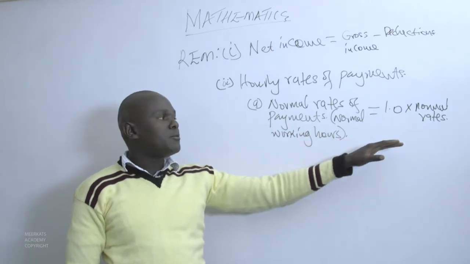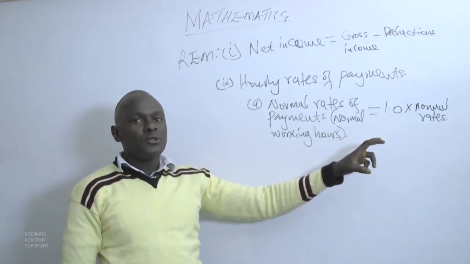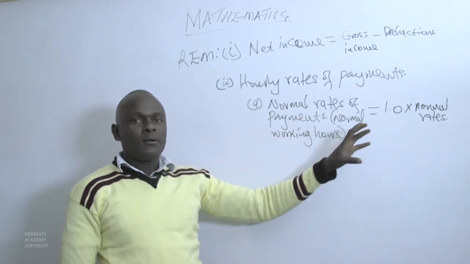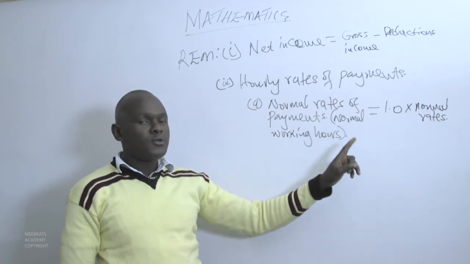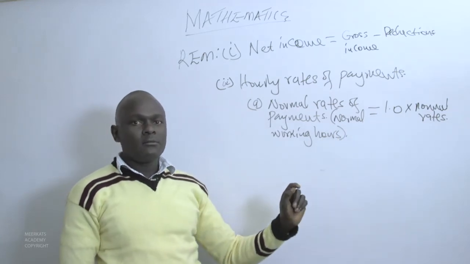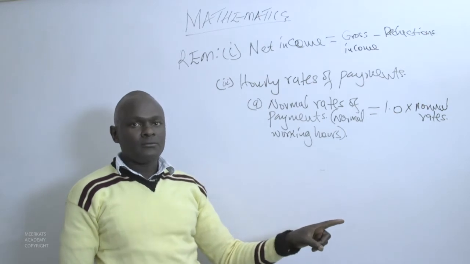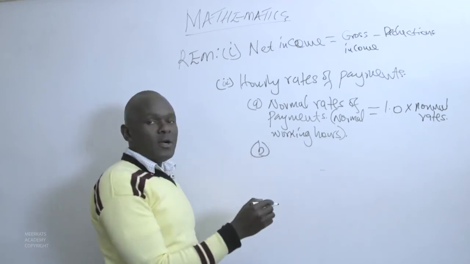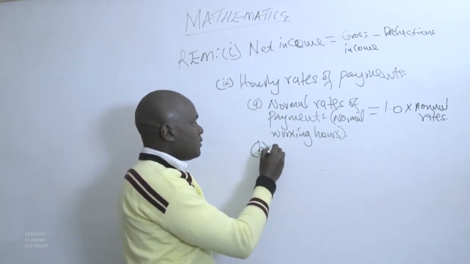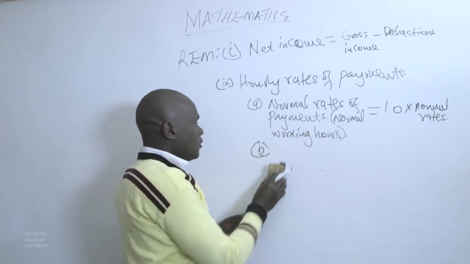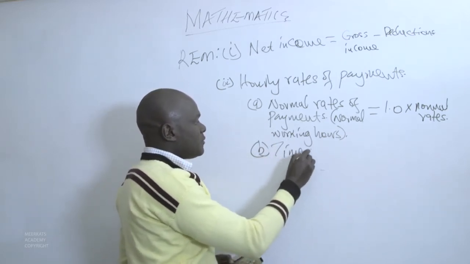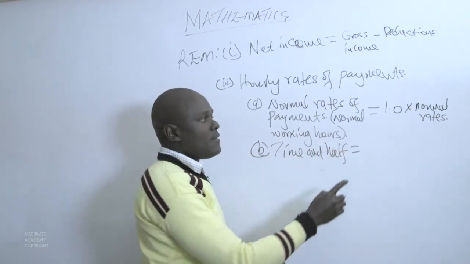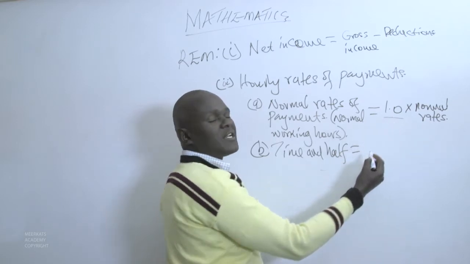But you should also remember that we had the two cases of overtime. And in the two cases of overtime, we had 1.5 time and the double time rate. The 1.5 time, or we can just call it time and a half. This is where this particular rate actually changed.